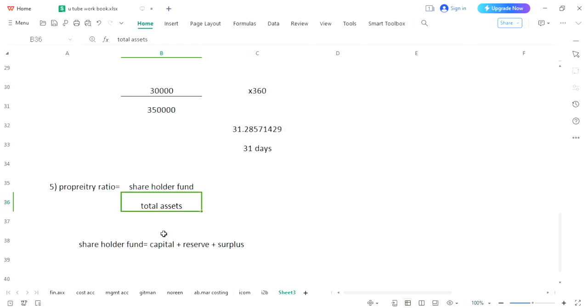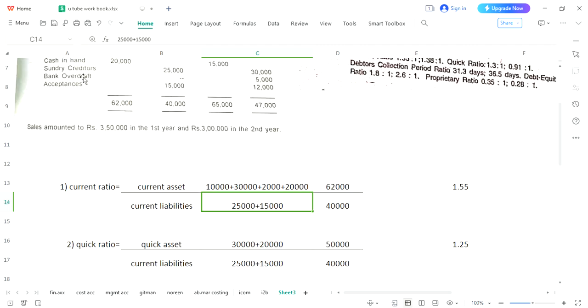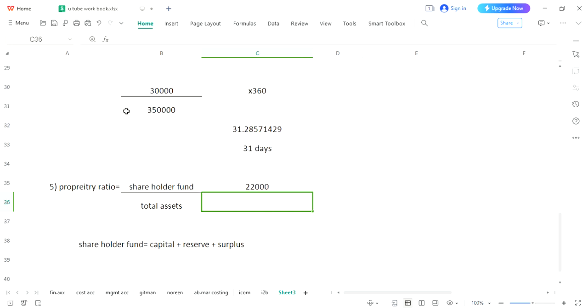So we will directly put shareholder fund. No reserve is present, no surplus is present. So it means 22,000 would be our shareholder fund. Let's put a bottom line, and then we will put total assets. So let's go back, and here you can see total assets are 62,000. We will write 62,000 over here. In this way our formula is complete.